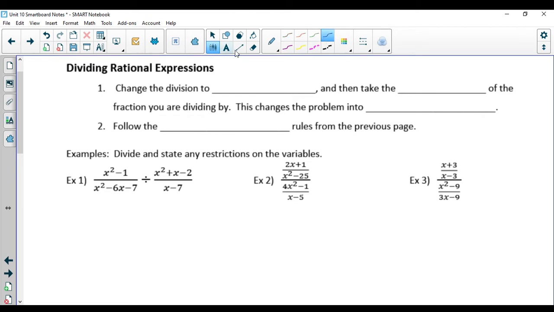You're going to change the division to multiplication. And then you're going to take the reciprocal. Again, reciprocal means you flip the fraction of the fraction you're dividing by. This changes the problem into multiplication.